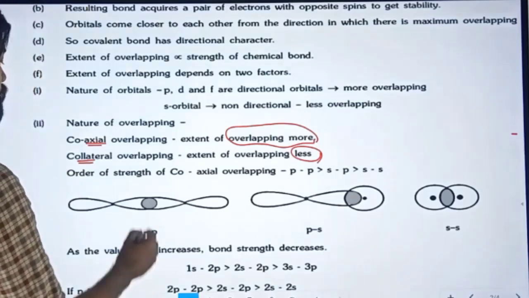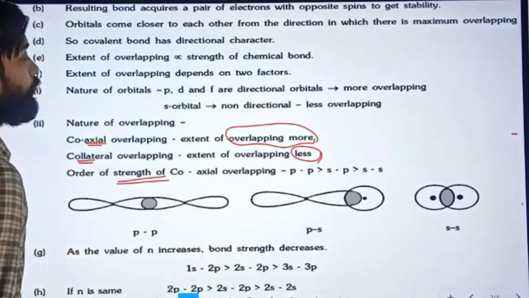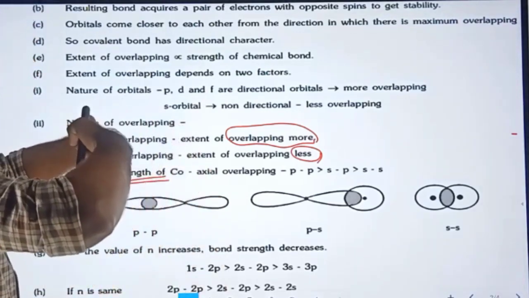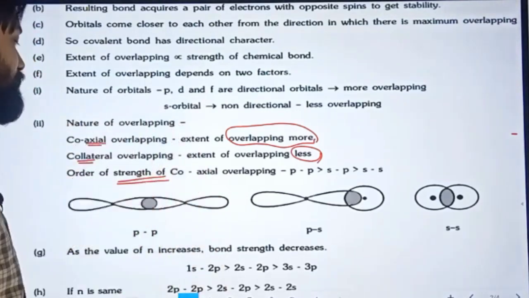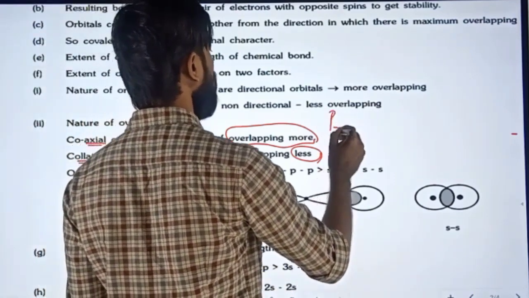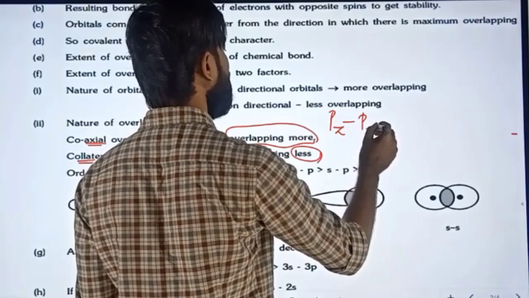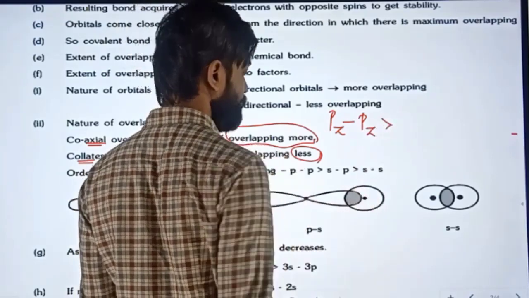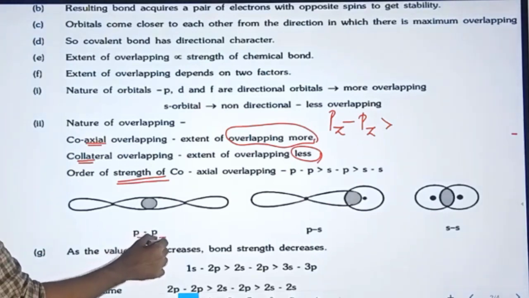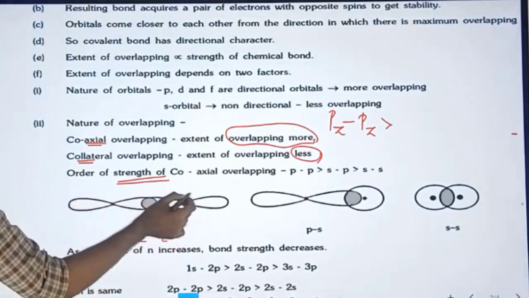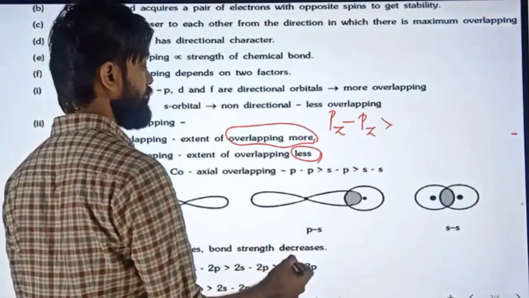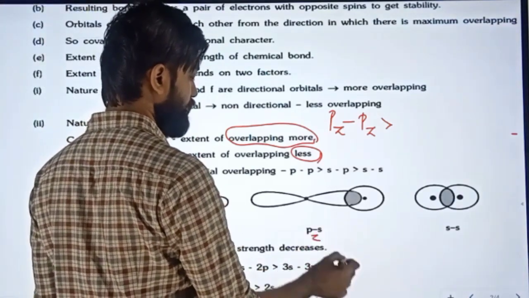Okay, so the order of strength of coaxial bonds, which means when the overlapping is along the axis, then which has the greater order of strength? The overlapping between two pz orbitals, this is a pz and the other pz, has greater extent than s-pz.